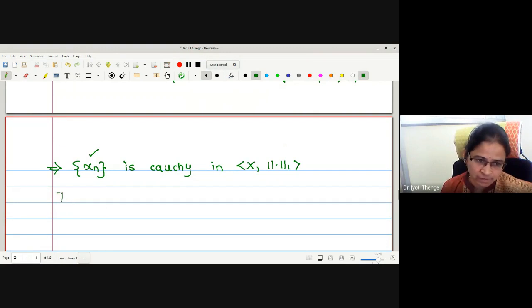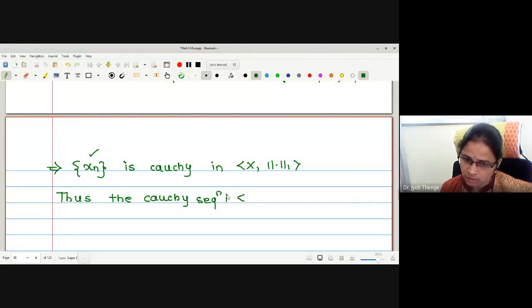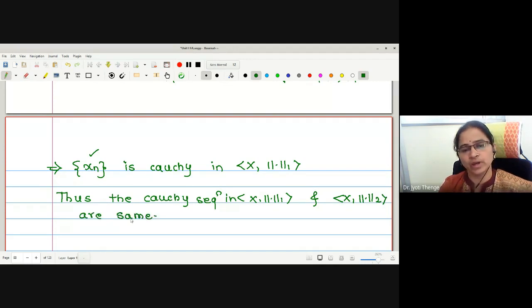Therefore, one can say that the Cauchy sequences in X with norm 1 and X with norm 2 are the same. Okay? This is the proof of the first part.